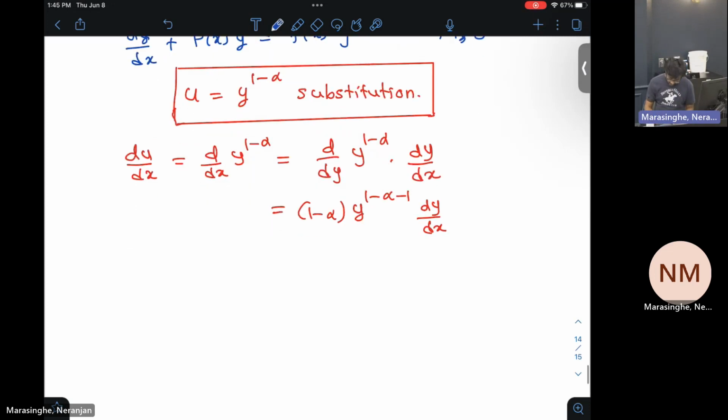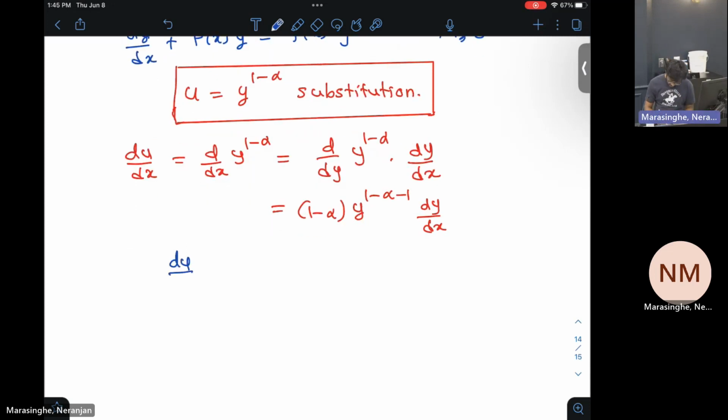So I would get du/dx equals (1 minus alpha) y to the power minus alpha dy/dx. Then I would solve for dy/dx.